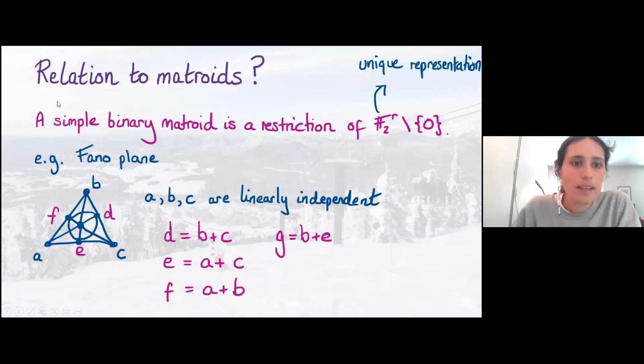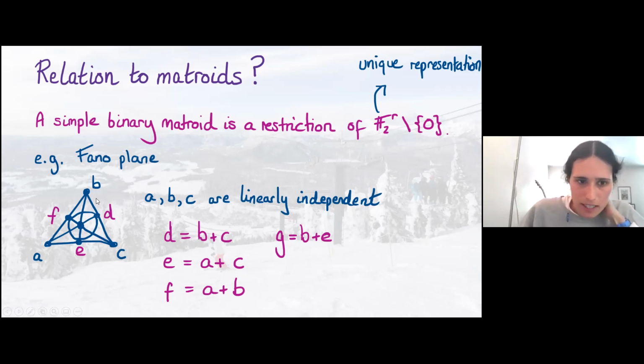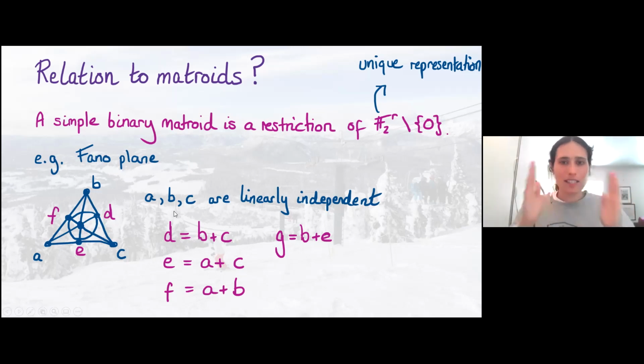So my favorite matroid is the Fano plane. What is this? One way of thinking about it is that we have A, B, and C that are linearly independent, and a copy of the Fano plane in this space has all these points, A, B, and C, and they satisfy this set of equations.